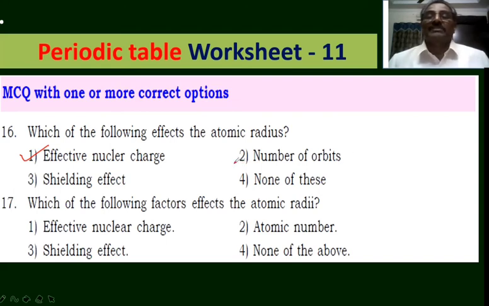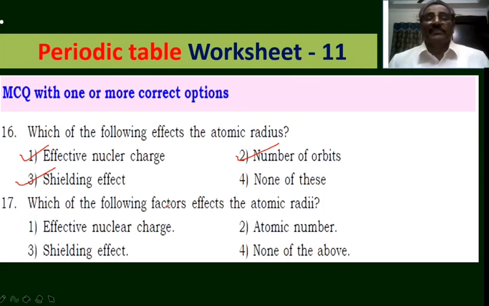Number of orbits also affects. If number of orbits increases, attraction of the nucleus on the outer electron decreases, so it affects the atomic radius. Shielding effect also affects the atomic radius. Increase in shielding effect causes increase in the size of the atom. So 1, 2, 3 are the right options.